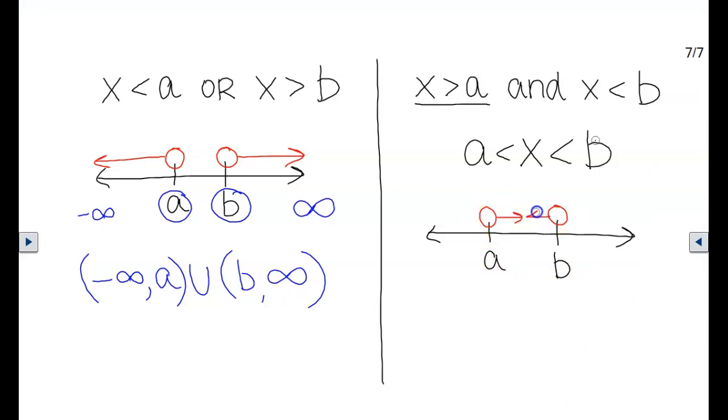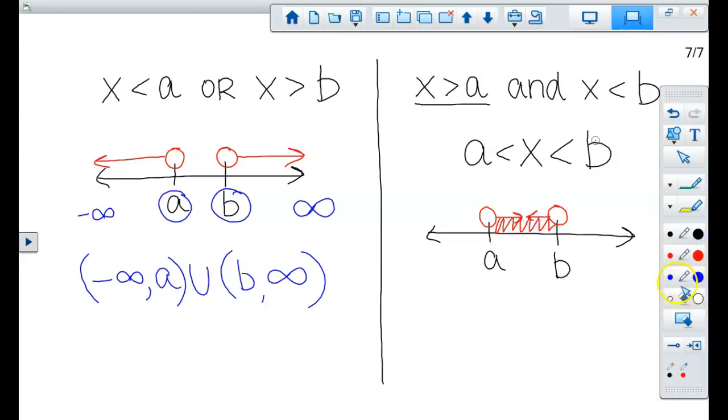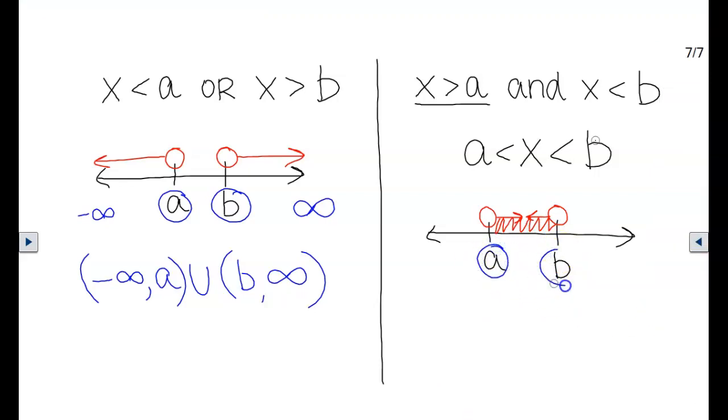Open circle on B, go left. That gives you that car bumper shape. And when you write your interval, you have your two values that describe the endpoints of your line segment: A, comma B, and here it would be parentheses for both. Now that probably is new to you, so should you have questions, please just let me know.